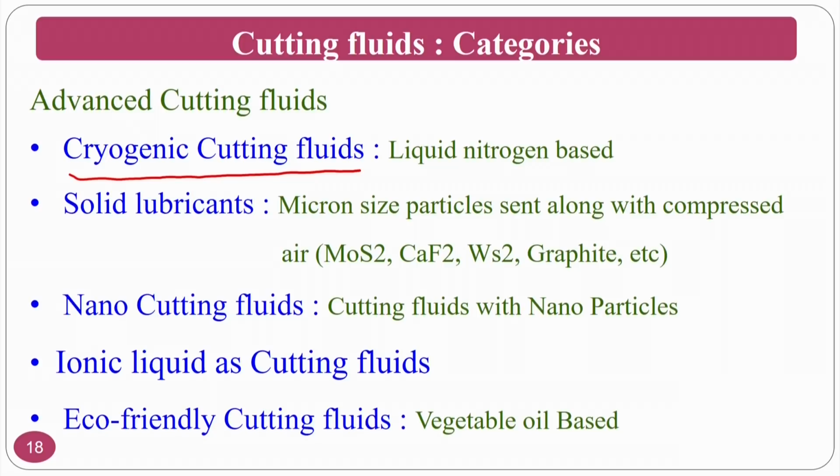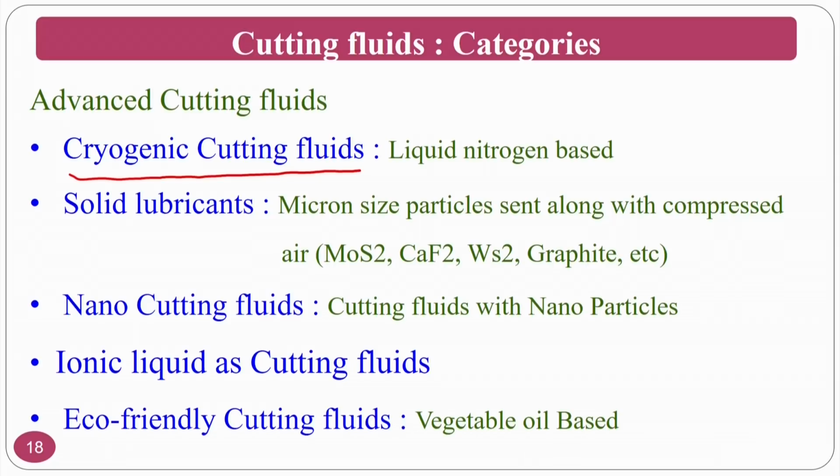Here the temperature goes to minus 160 degrees. In the next slide I will show you how the cryogenic fluid is used, so I am not talking much about it here.